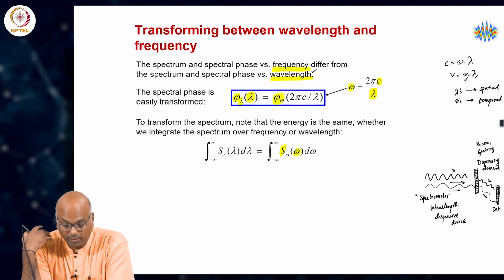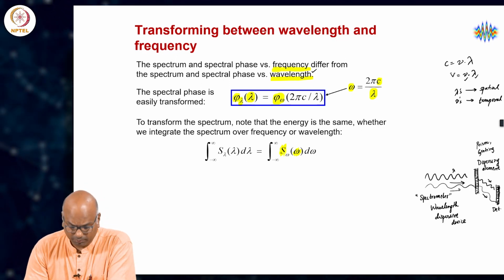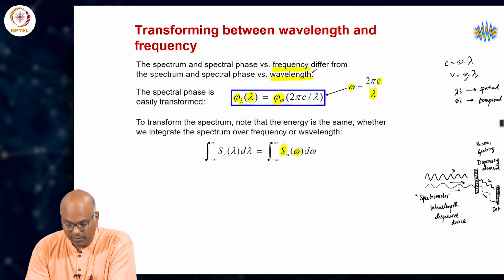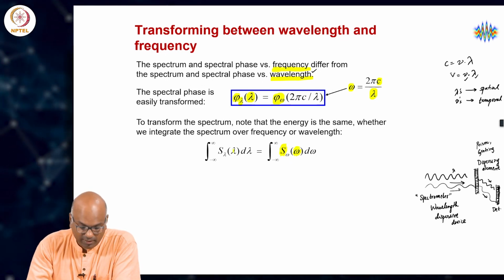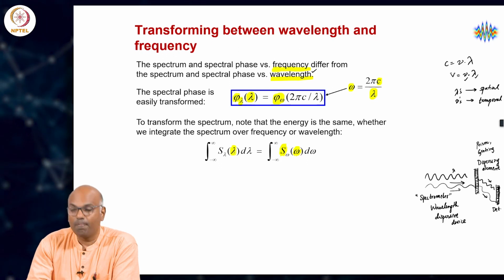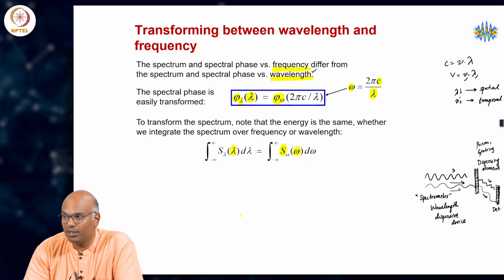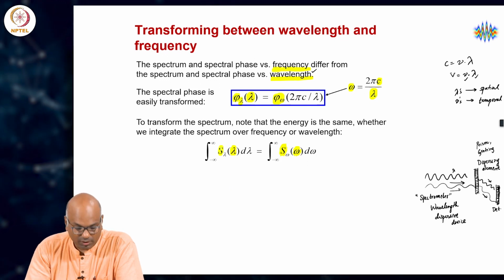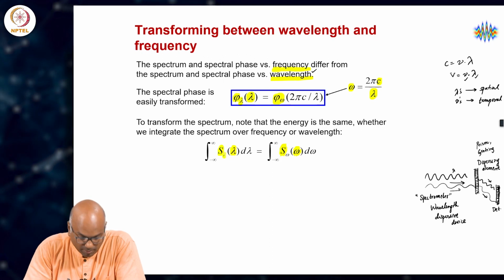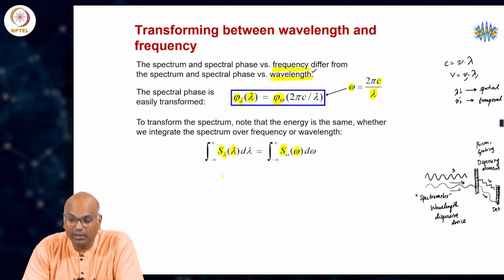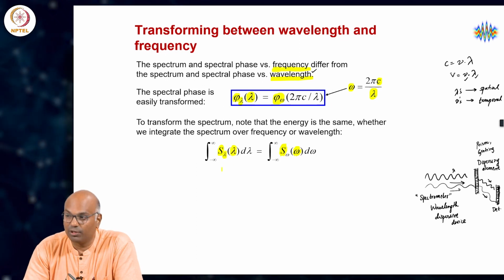That is another story for another day, maybe, but then it is a time-frequency description. So, S of omega is here, but what we more easily measure in the laboratory is lambda. So, what we will end up measuring is the spectrum in terms of lambda. S sub lambda, the subscript, although tiny, is critical here. S sub lambda of lambda is what we are measuring.